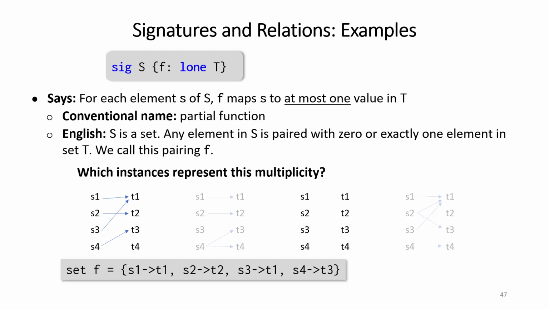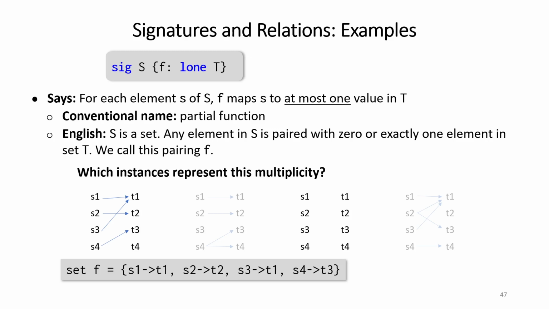And this is how you would represent this in Alloy writing. So you would say S1 and T1 are a tuple that is in this set F. You would write each tuple with this arrow and then comma separated. And here, of course, what would be the set F for this second one?